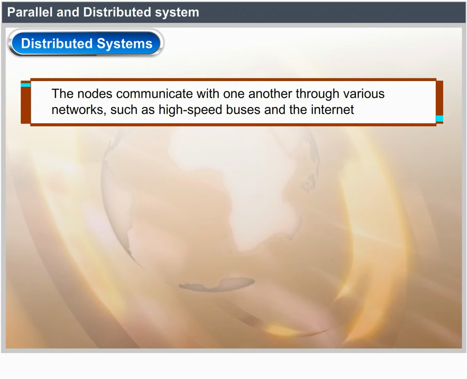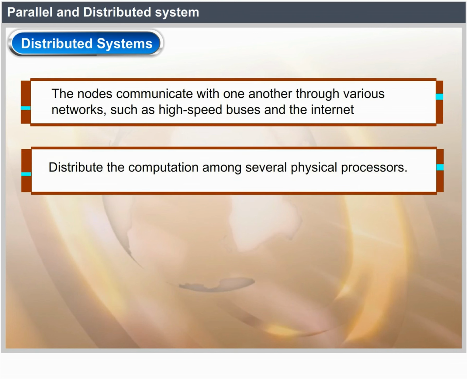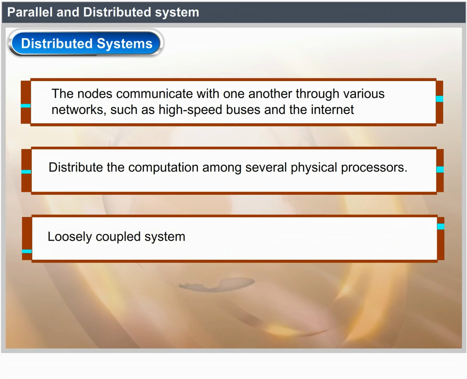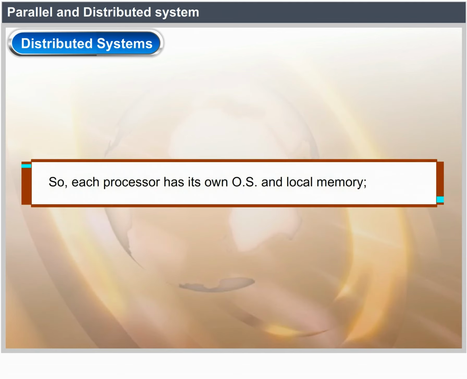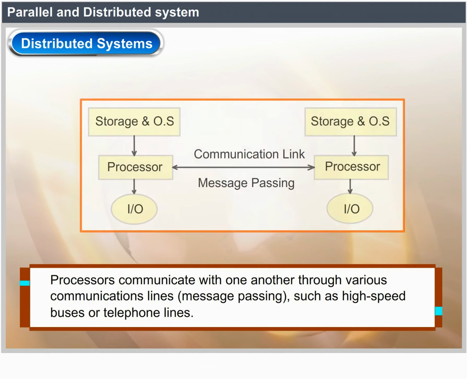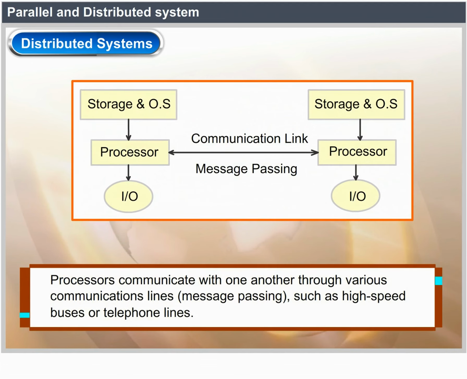Distribute the computation among several physical processes. A loosely coupled system involves connecting two or more independent computer systems via a communication link. So each processor has its own OS and local memory.